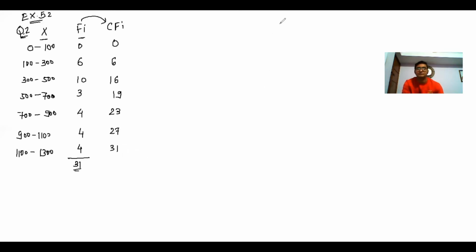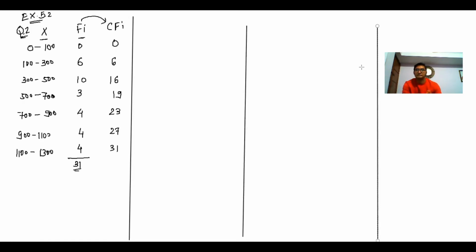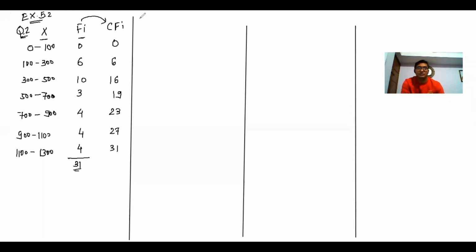Now, first of all, it is for Q1, then Q2, then Q3. The Q1 formula is 1 in bracket n by 4th observation. Q2 is 2 n by 4th observation.